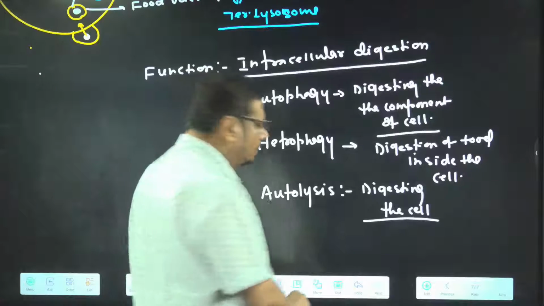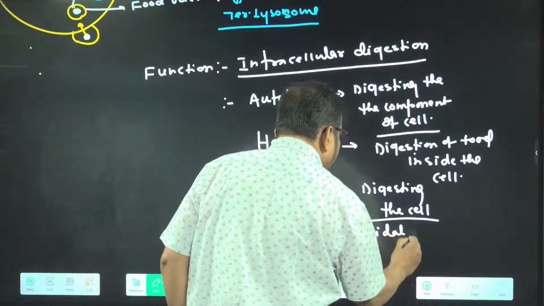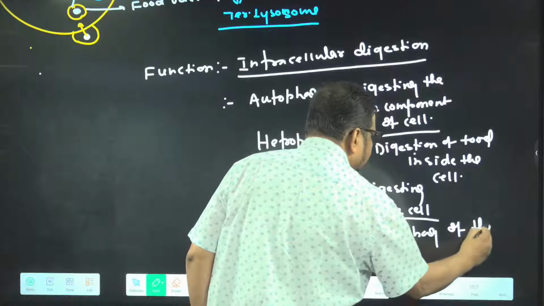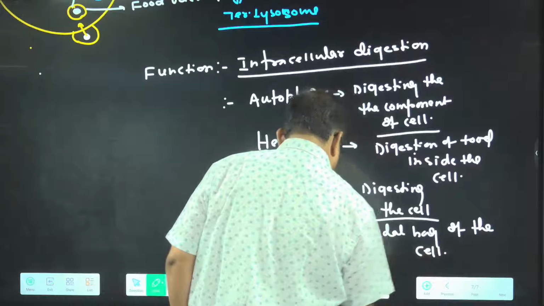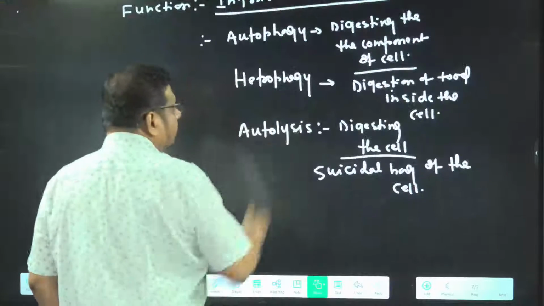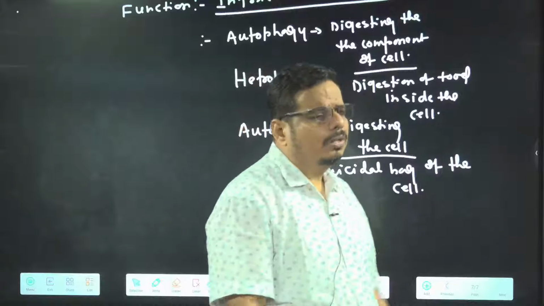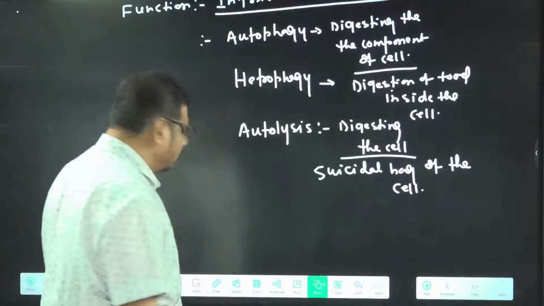Getting the things or not? Suicidal bag of the cell. Because it performs which one? It is associated with digestion of the cell, killing of the cell itself, autolysis. And that is the reason it is called the suicidal bag of the cell.